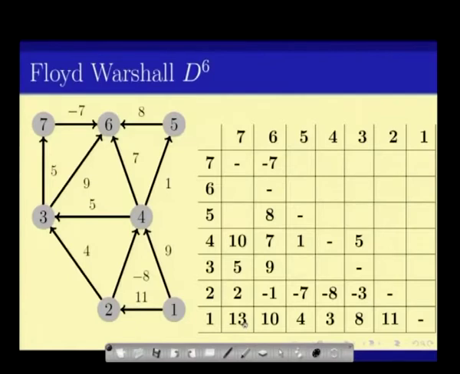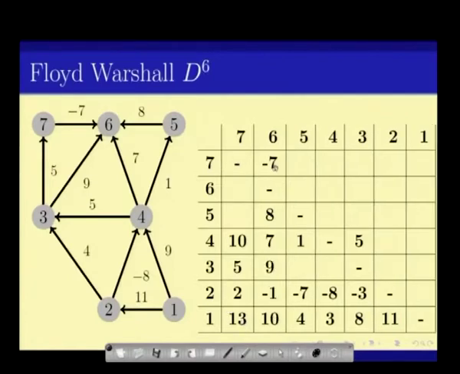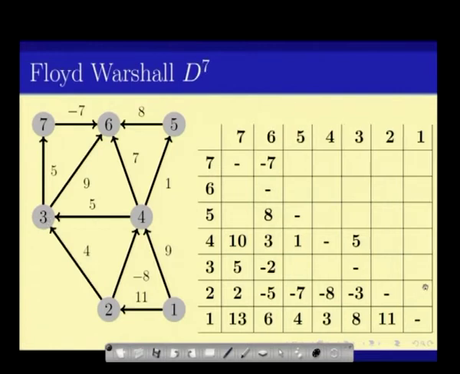And in that case, I can go from 1 to 7 in 13 steps and 7 to 6 in minus 7 steps. So, I can go from 1 to 6 in only 6 steps, whereas 1 to 6 is now 10. So, in that respect, I can go like this and then I can go this. So, this way I can get say d7.